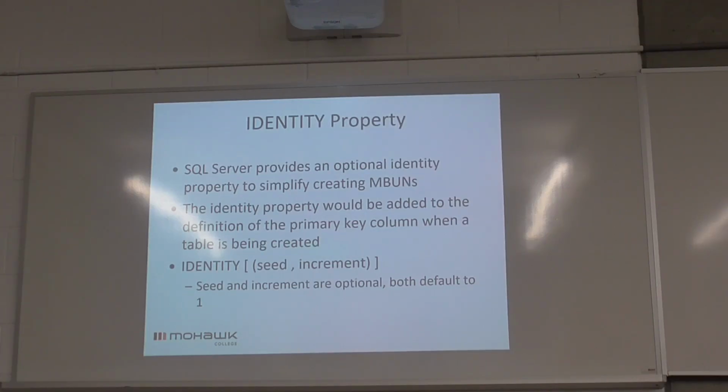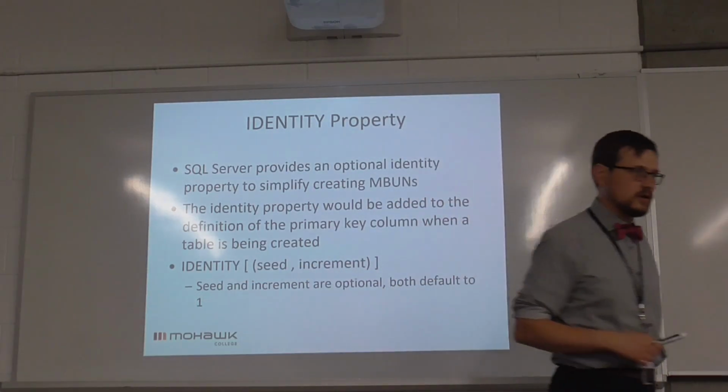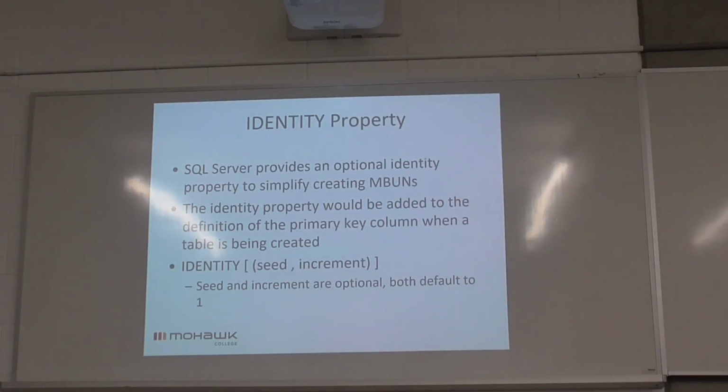You say what the name of the attribute is. You give it a data type, comma, name, data type, comma, name, data type, right? The difference in SQL, you can add additional constraints at the same time as you're defining the data types. So one of these constraints is identity. You can label one of your attributes as an identity.